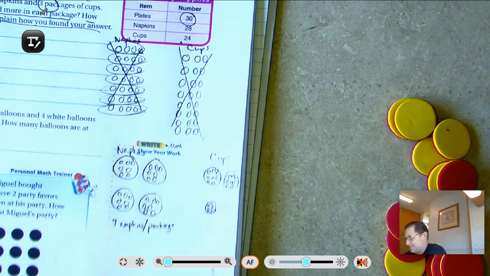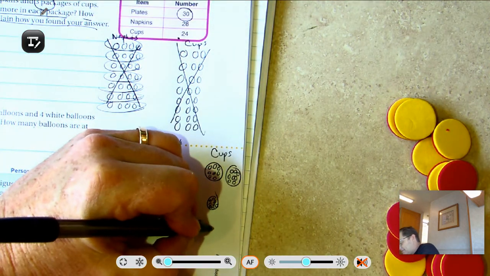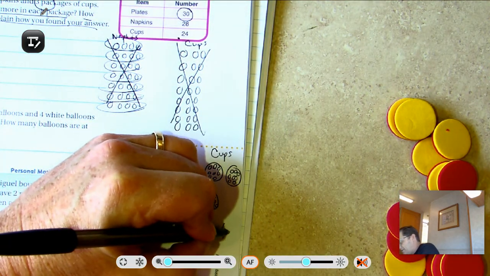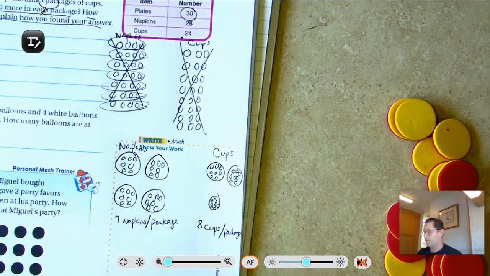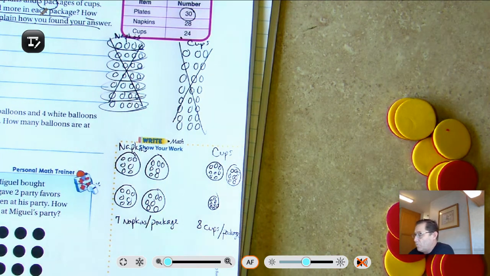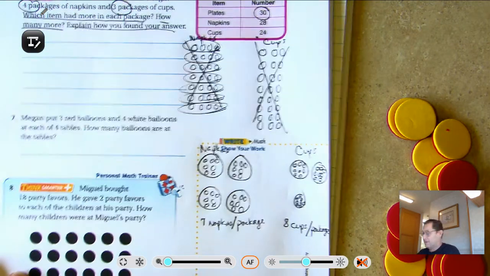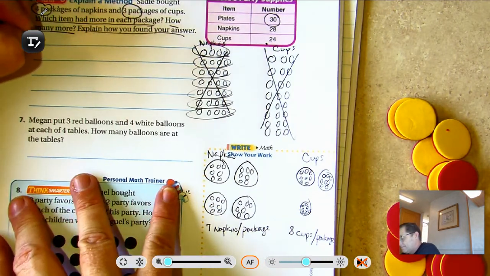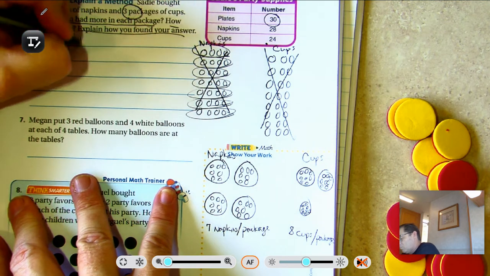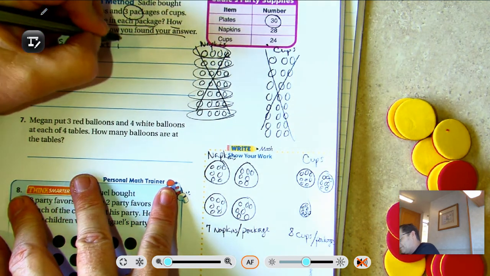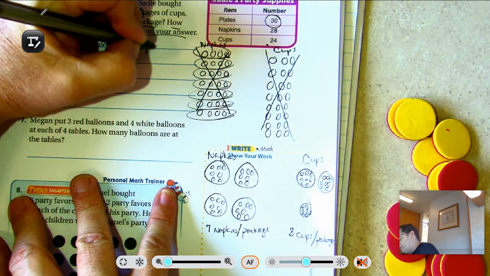So there's 8 cups per package. All right. Now, which item has more in each package? Cups. One more item per package.